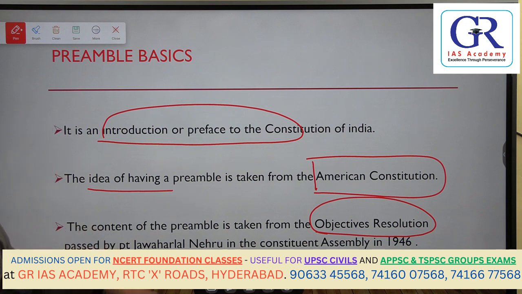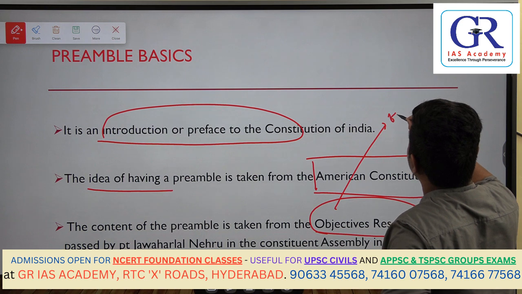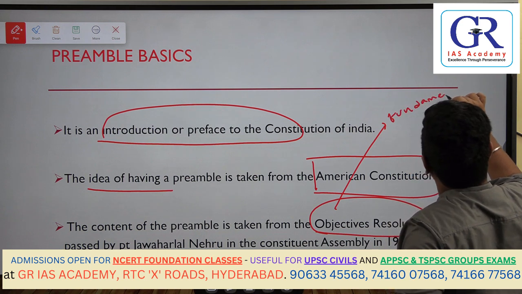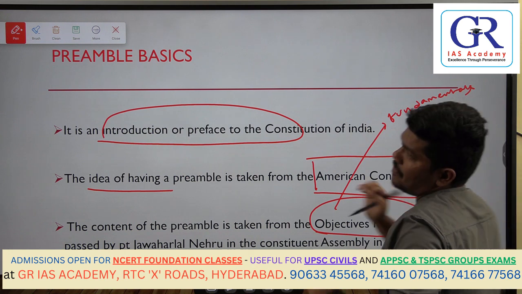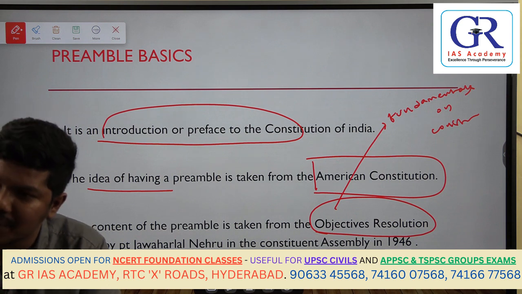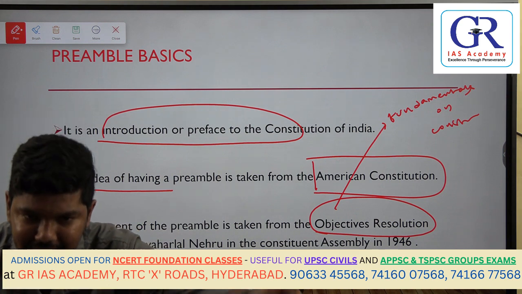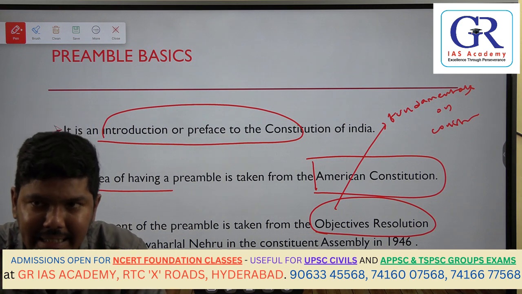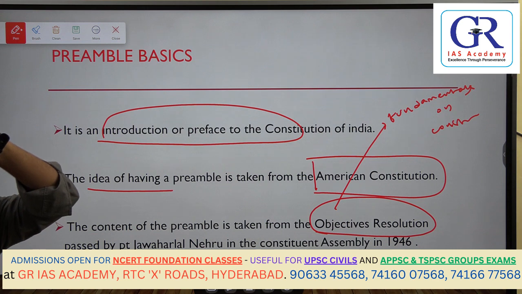It is simple: it provides the fundamentals on which this constitution has to depend. The basic principles were written in the Objectives Resolution, moved by Pandit Jawaharlal Nehru in the year 1946. Whatever content is there in the Objectives Resolution, we took that in the preamble.